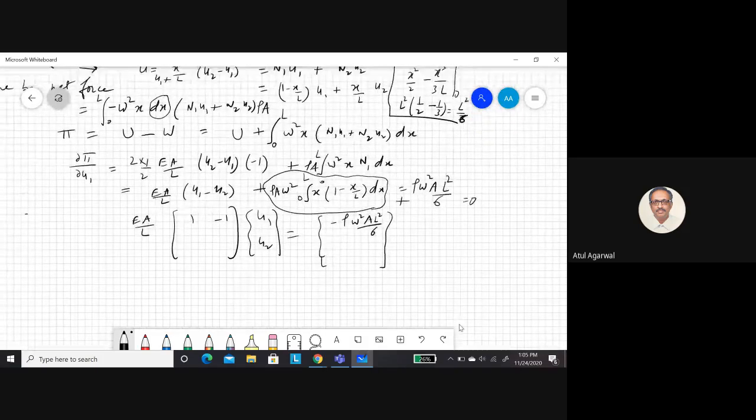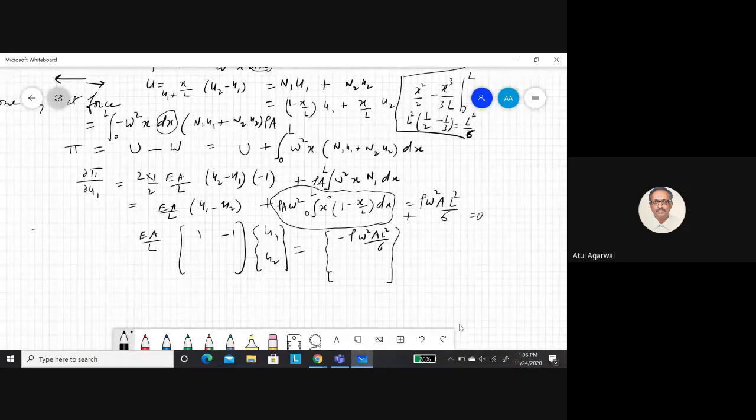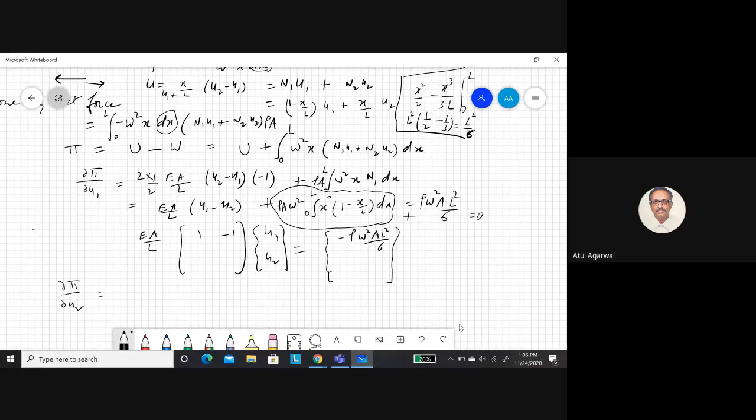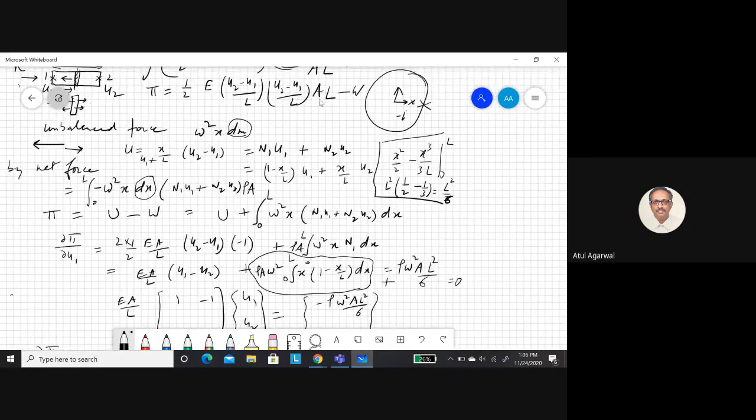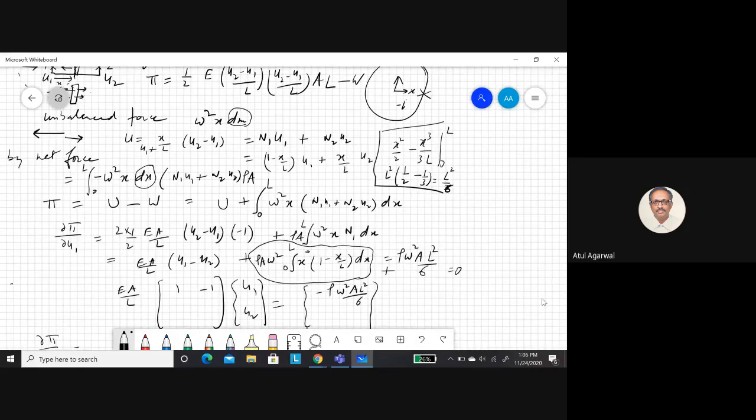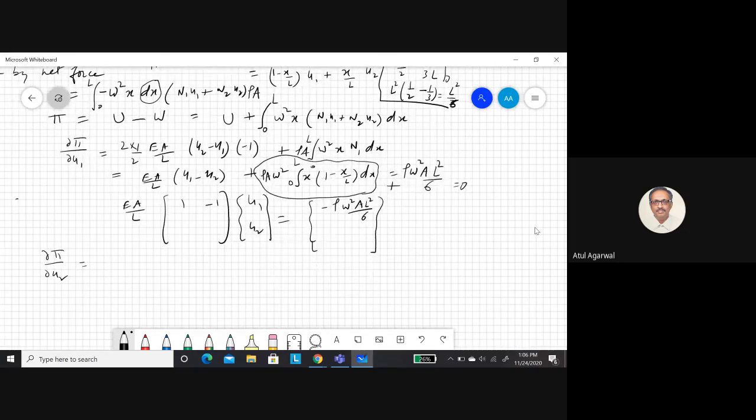Now you take derivative with respect to u2. Del pi by del u2. So what do you get? You have to take its derivative with u2. So this is nothing but EA by L into u2 minus u1.